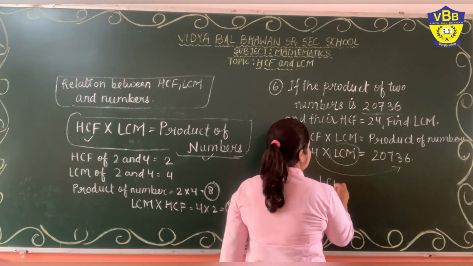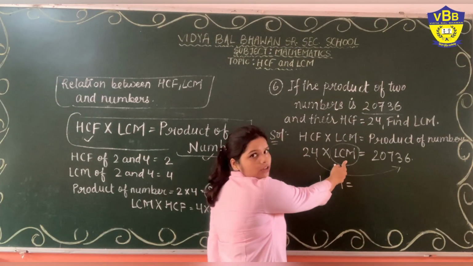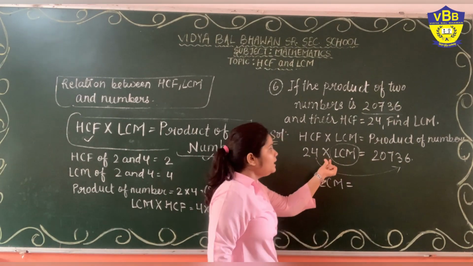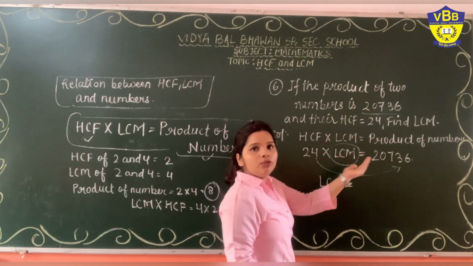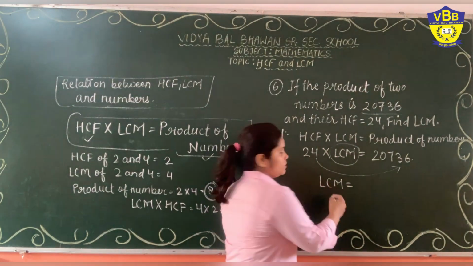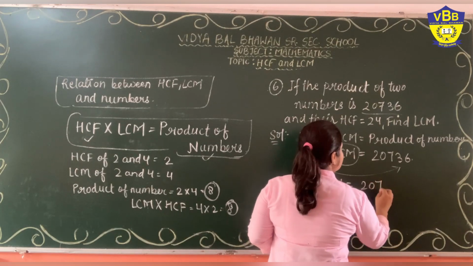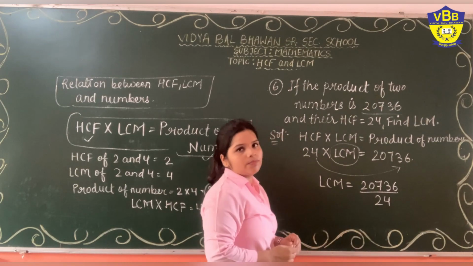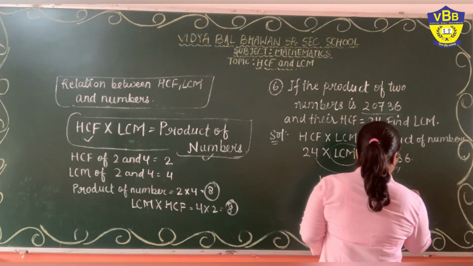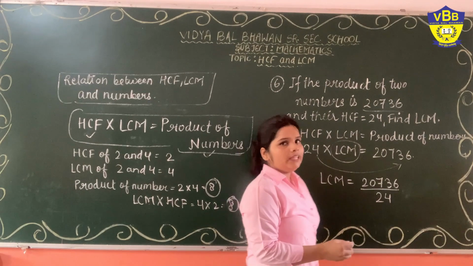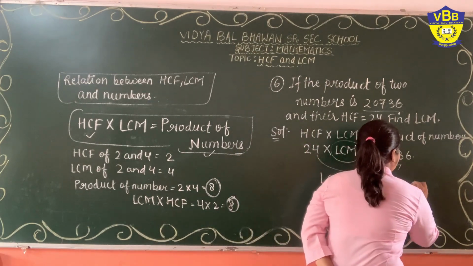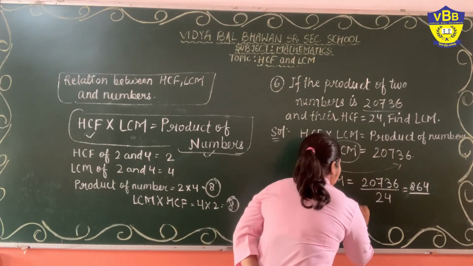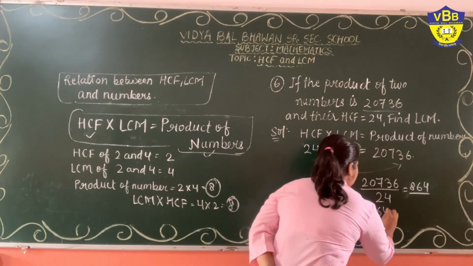So LCM is equal to 20,736 divided by 24. When you divide this number by 24, you will get 864. So what is the LCM? LCM is 864.